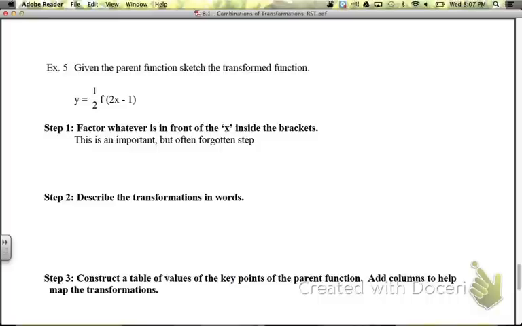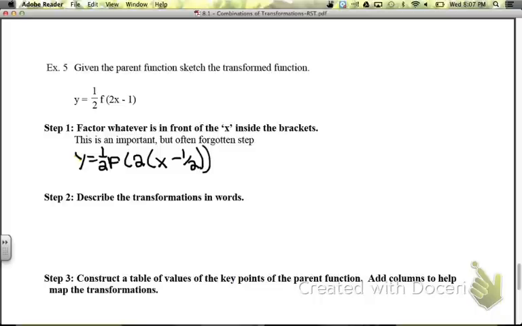Looking at this, we want to factor whatever's in front of our x inside the brackets first. So we need to factor out that 2. So what we have is y equals a half f at 2 times x minus a half.